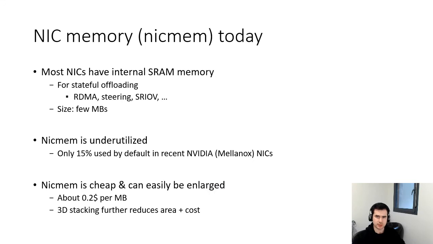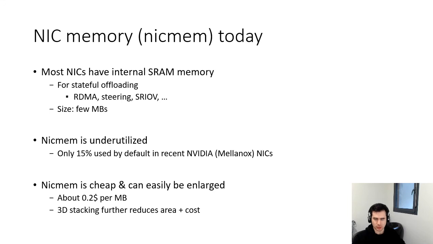Most commercial NICs contain internal SRAM memories of a few megabytes that are employed for stateful offloading, such as RDMA and packet steering rules. When stateful offloads are not used, Nicmem is underutilized. For example, only 15% is utilized in recent NVIDIA NICs.